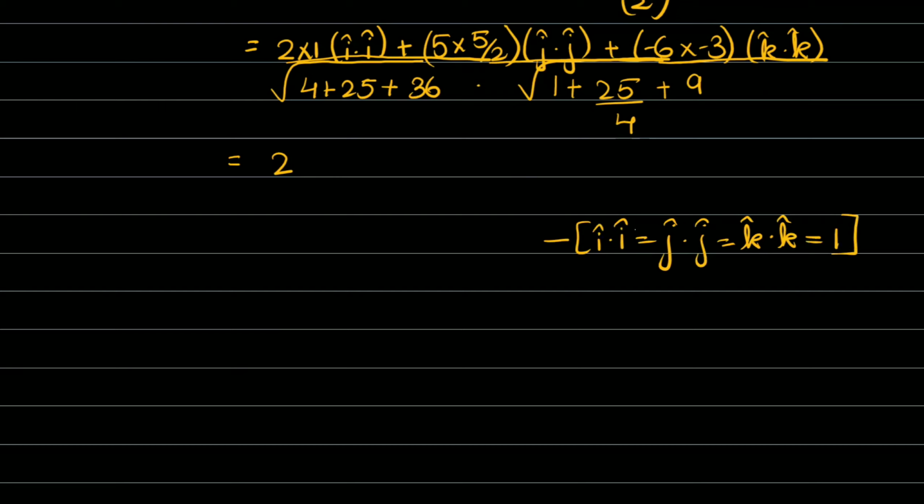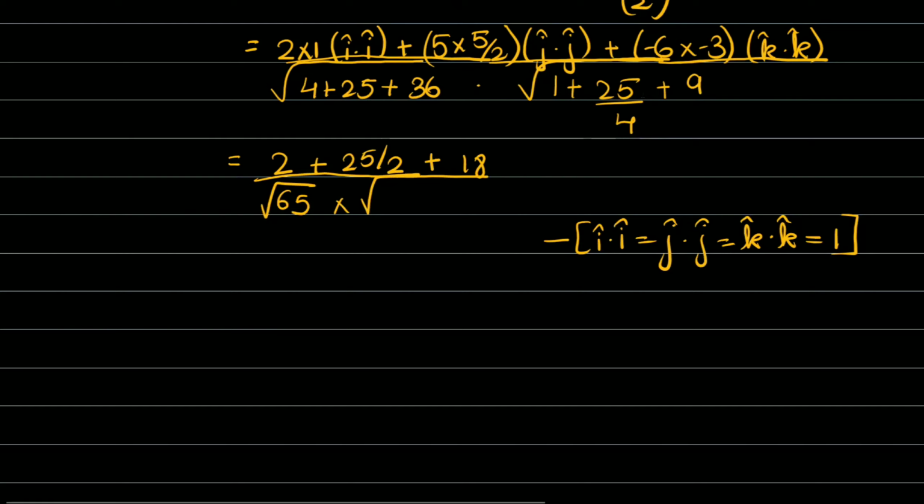If they are multiplied by themselves, we get 1. So 2 into 1 is 2, 5 into 5 by 2 is 25 by 2, and 6 threes are 18. That gives 4 plus 25 plus 36, which is under root 65, and under root 1 plus 25 by 4 plus 9 is under root 65 by 4.